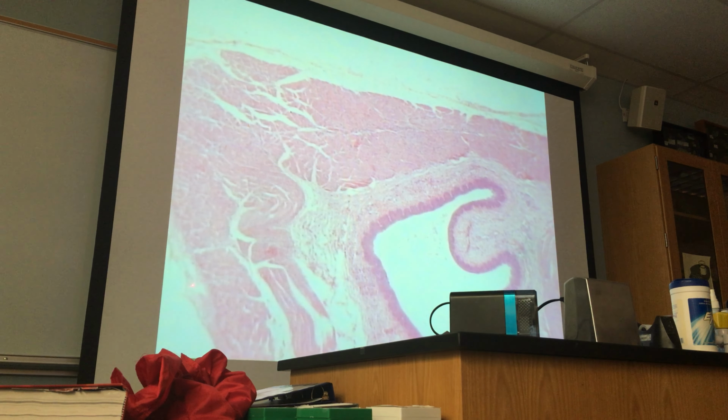You can see the different components of the histology of the esophagus. Muscularis, this is longitudinal layer, circular layer. This is the submucosa, and this is the part of mucosa, and you know immediately that is the part of the GI tract where the epithelium is made of several layers of cells, stratified squamous.